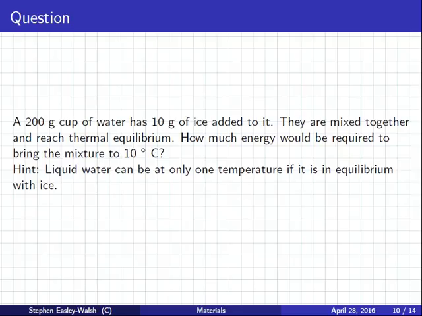I tell you have 200 grams of water, you add in 10 grams of ice, and you mix it until it reaches thermal equilibrium. Thermal equilibrium means it's at a constant same temperature. So there's only one temperature that it could be at. What temperature is that? Well, it can only be 0 Celsius. Why is that?